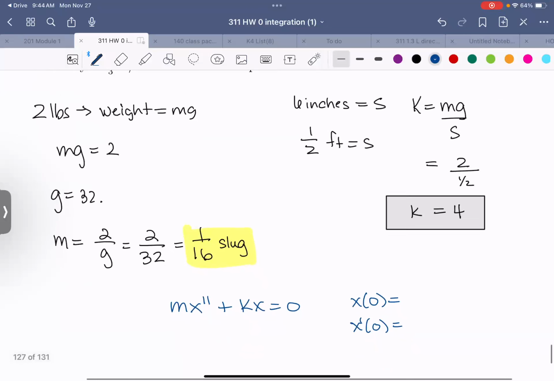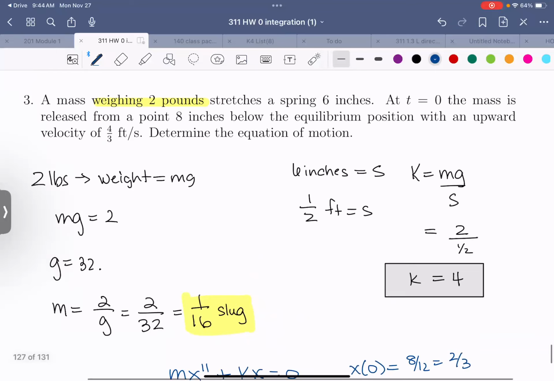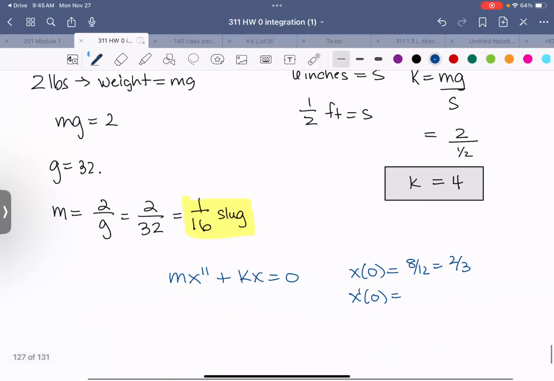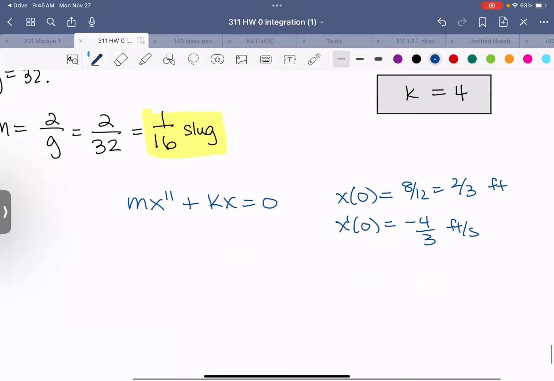So you're taking 8 over 12, or what is that, 2/3? So that's your initial position. With an upward velocity of 4/3 feet per second. So upward is going to be negative 4/3 feet per second. So this is 2/3 of a foot. And these are the pieces that we put together. So we've got our initial conditions. Now we plug in our m and our k. So m is 1/16 x double prime plus 4x equals 0.